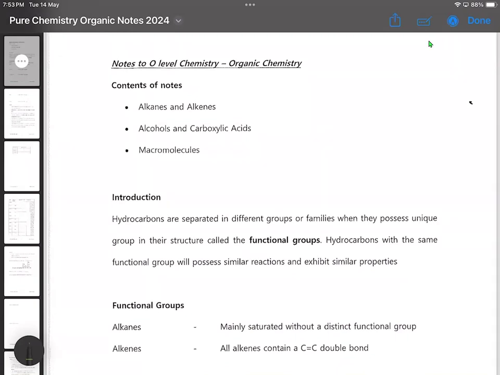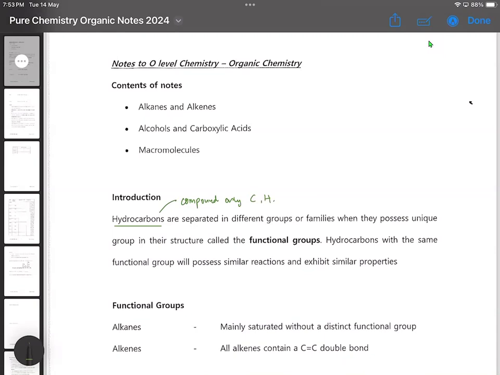Okay, this term hydrocarbon is something that you will see quite frequently. Hydrocarbon simply means a compound that contains only carbon and hydrogen.